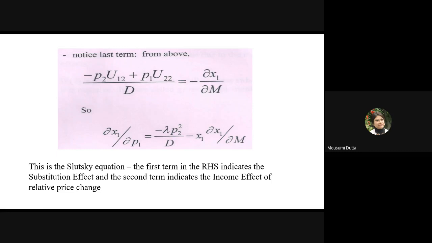So del x1 by del p1 is equal to minus lambda p2 square by D. That component will be there, and this component is negative. Lambda is the Lagrange multiplier, which is positive, p2 square positive, D positive. So this part is negative.